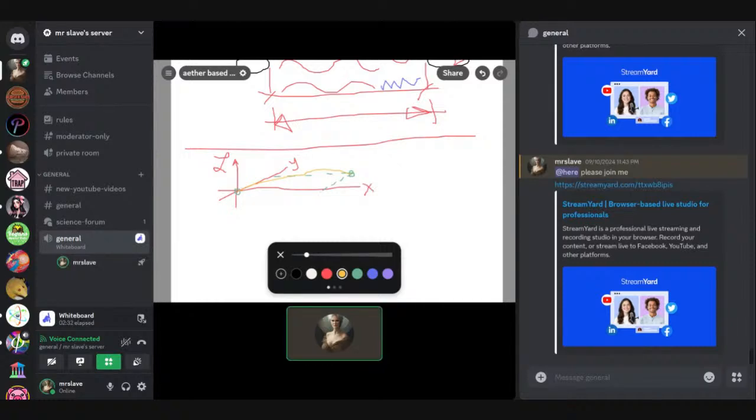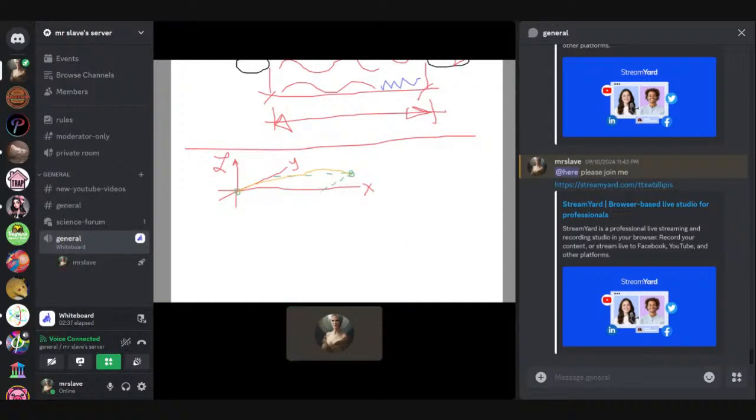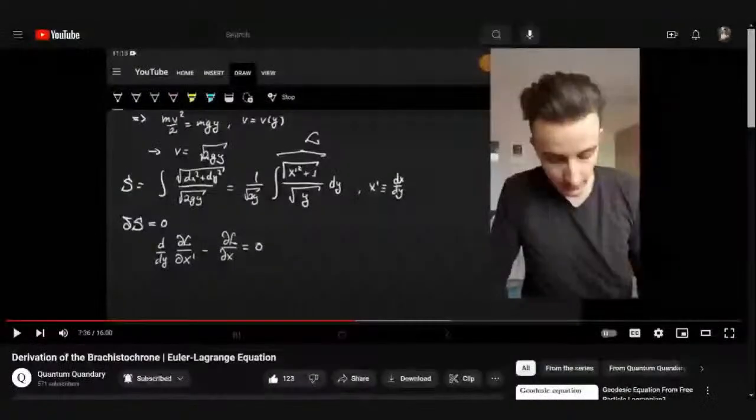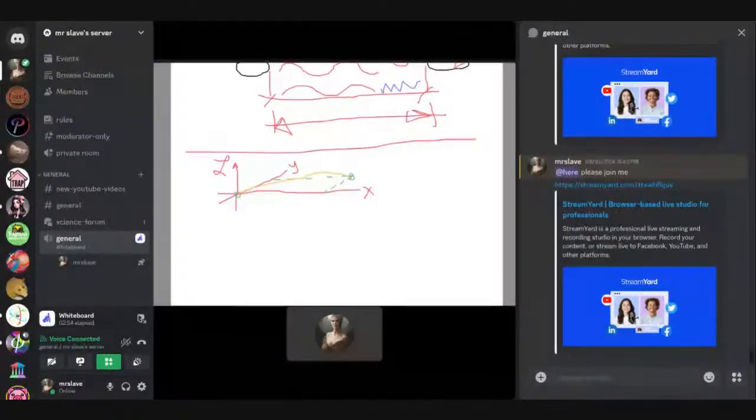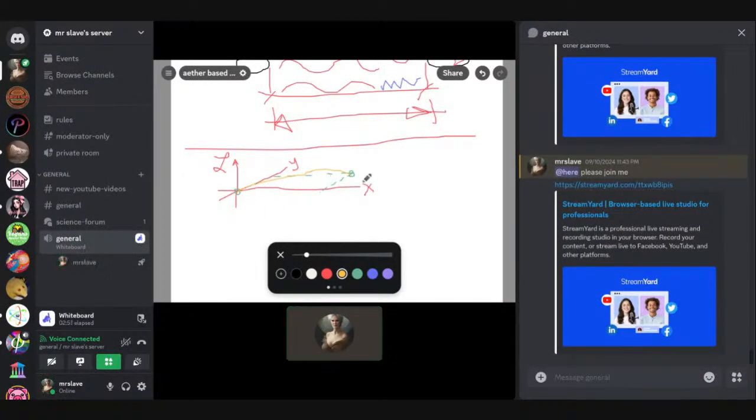That's the brachistochrone. That's the shape. That's the shape of the fastest path. Okay.